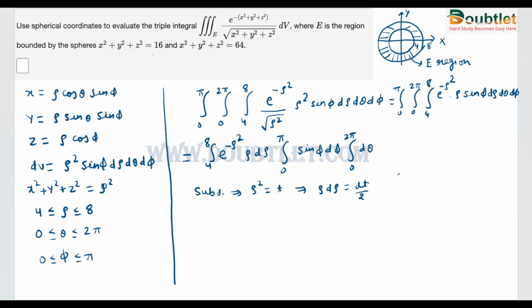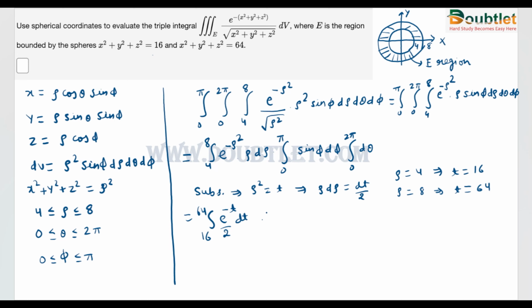Changing the limits: if rho is equal to 4, then t is equal to 16, and if rho is equal to 8, then t is equal to 64. So this becomes the integral of e to the power minus t dt by 2, with limits from 16 to 64.